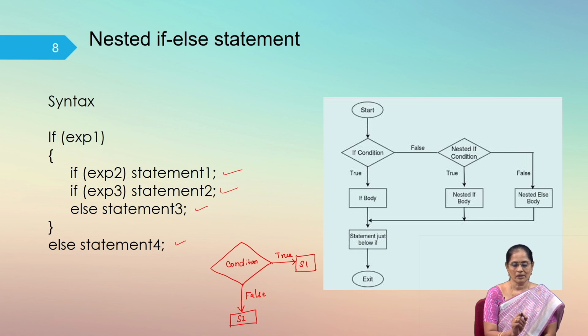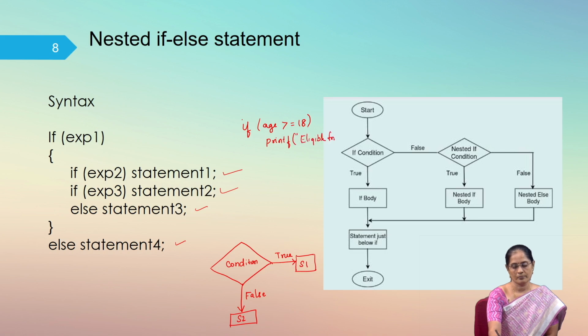Now, let me give a small if statement, which we will try to convert to a flowchart. Let me take the same example: if the age value is greater than or equal to 18, print eligible for voting.